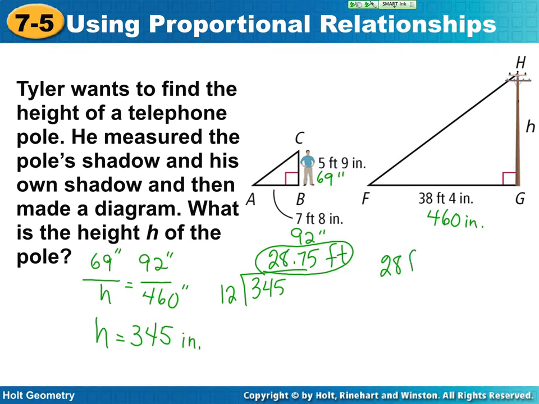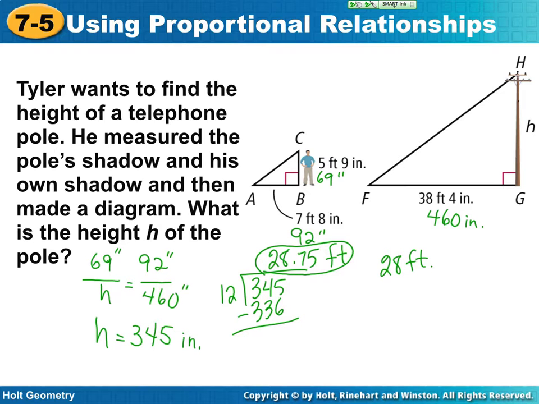So 28 feet, now there's a couple ways that you can find the other inches. If you're comfortable knowing that 28 times 12 would tell you how many total inches this is, let's go that way. 28 times 12 is how much? 336.